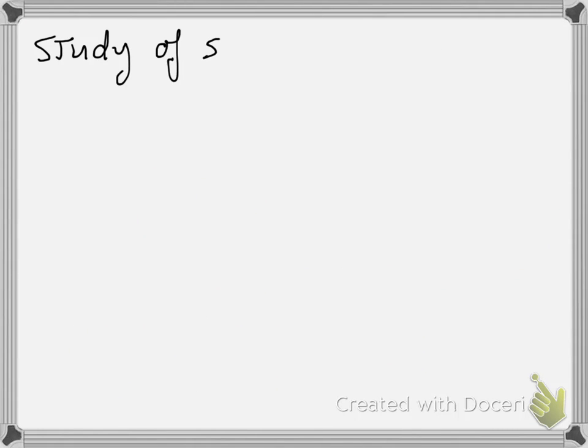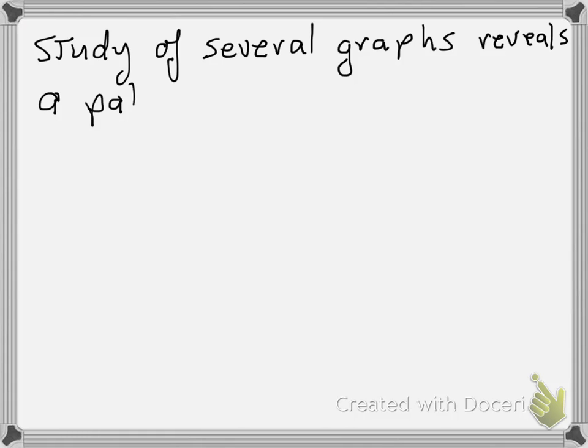Okay, we can study lots of these. In fact, we did this in class a little bit with both odd and even. And there's a pattern. If we look at enough of them, there's a pattern.